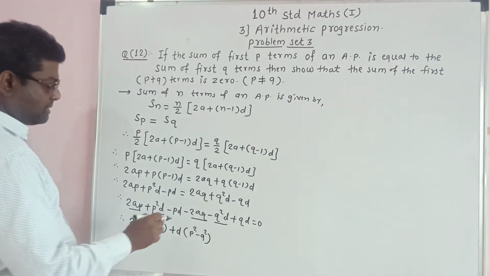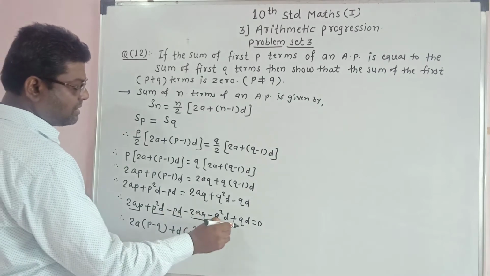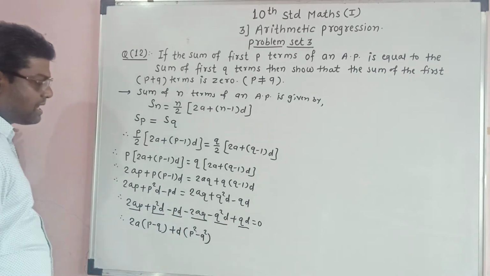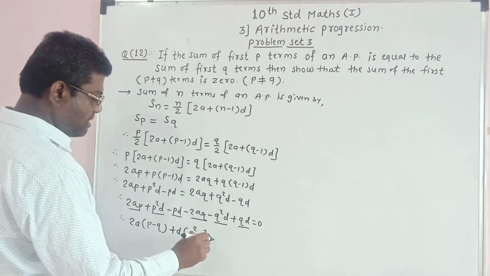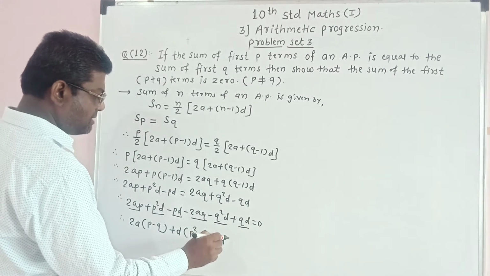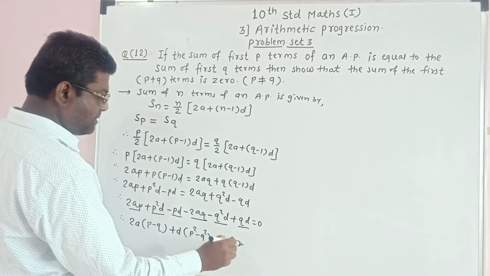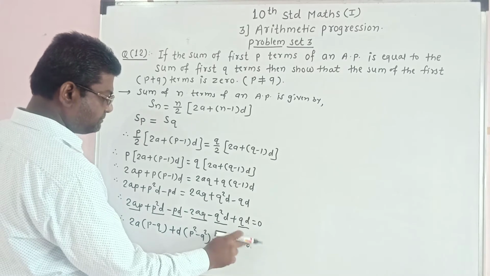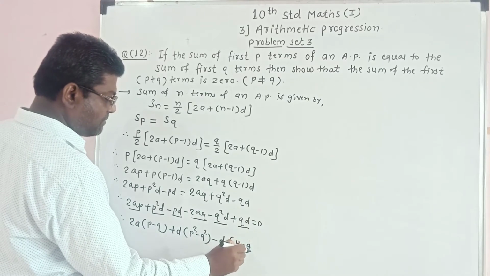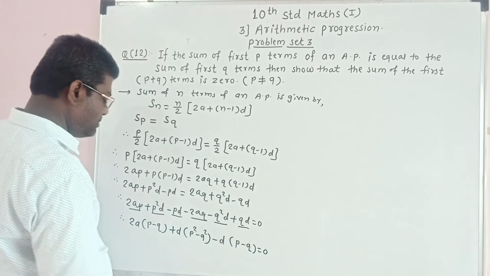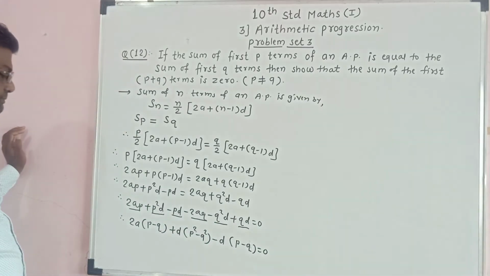Now in these two terms, we can take minus d common, that is minus d in bracket p minus q is equal to 0.